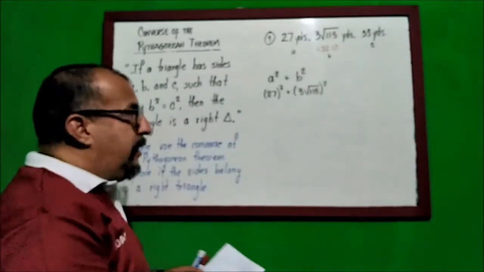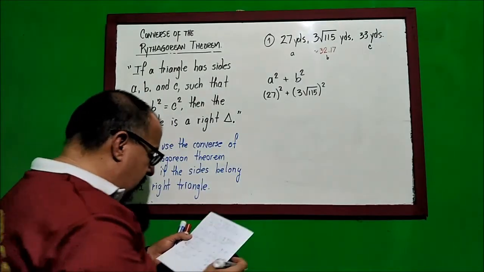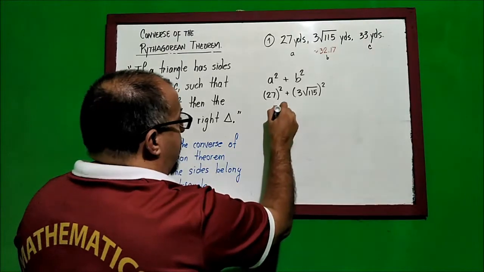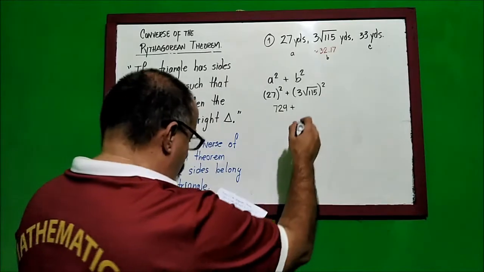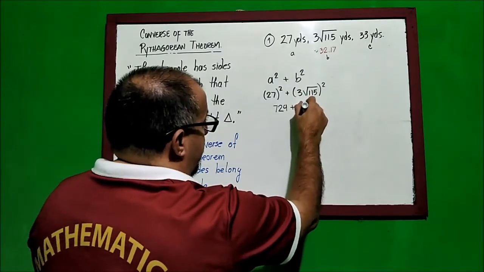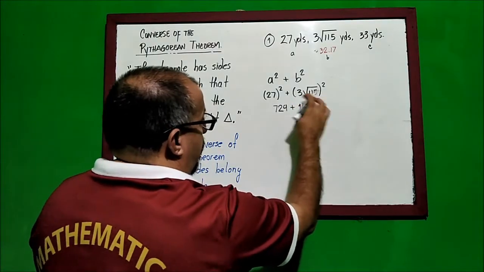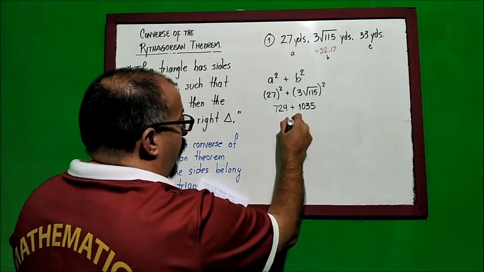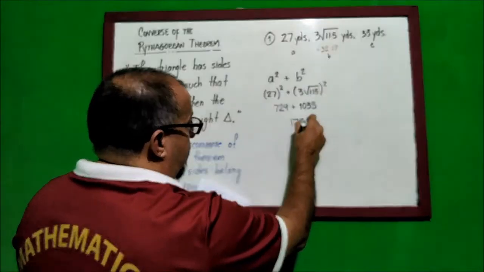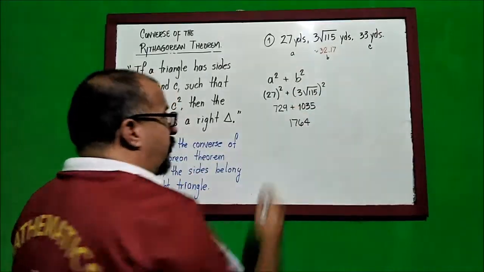The result of this is 729 plus 1035, which is the result of squaring this expression. And finally, the answer is 1764, which is the addition of these two.